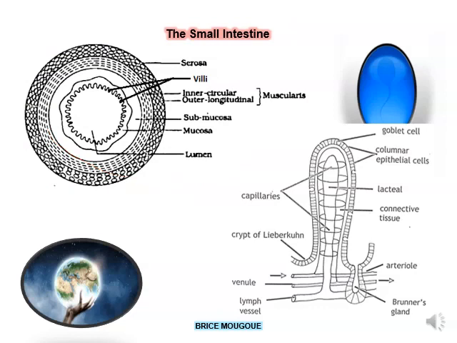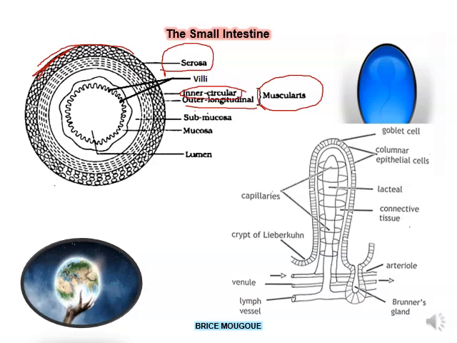An outer layer, which we call the serosa, which is made up of epithelial cells, and after the serosa, we have a muscular layer, a layer made up of muscles, that's what we call the muscularis, which is made up of 2 layers of muscles: an outer layer of longitudinal muscles, and an inner layer of circular muscles.